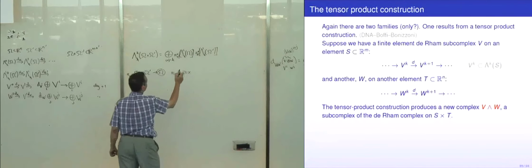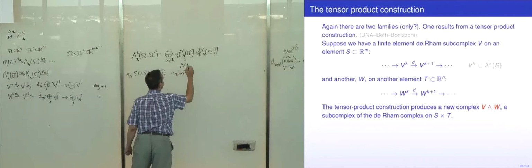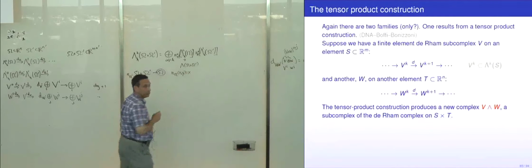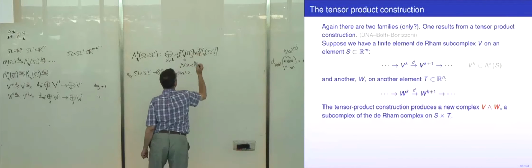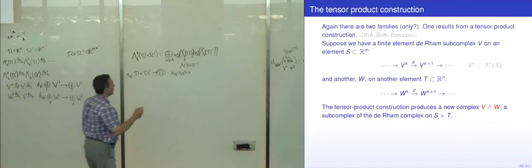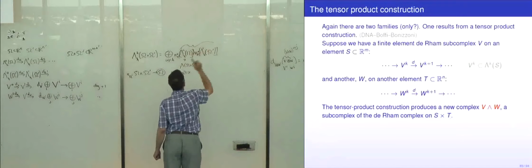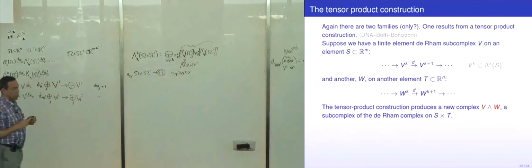Now these are both differential forms on omega cross omega prime, so I can wedge them together, making this a bilinear operation. And now this is an i plus j form. It's in lambda^(i+j) of omega cross omega prime.